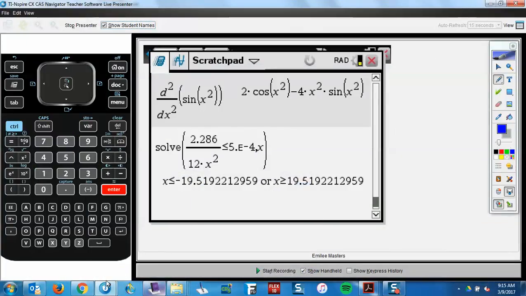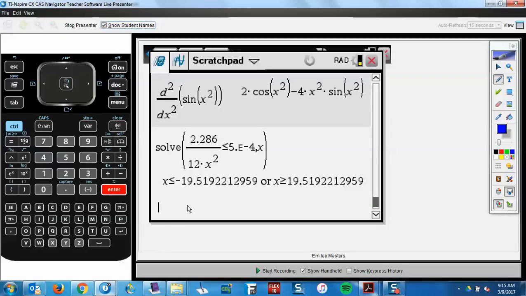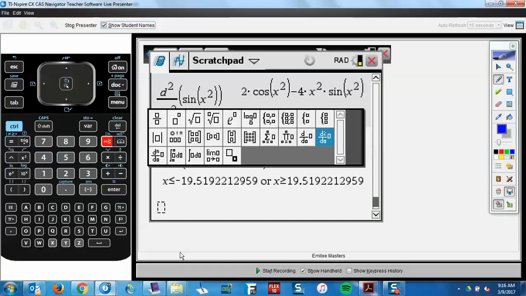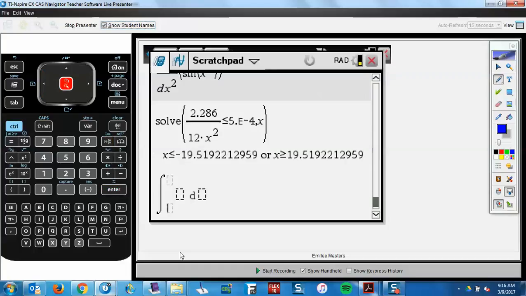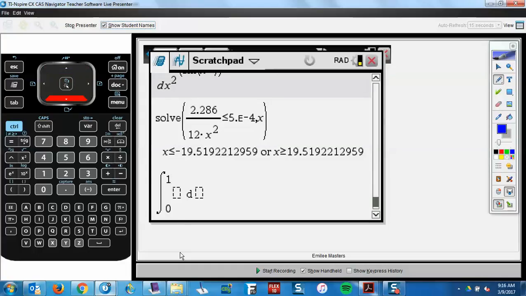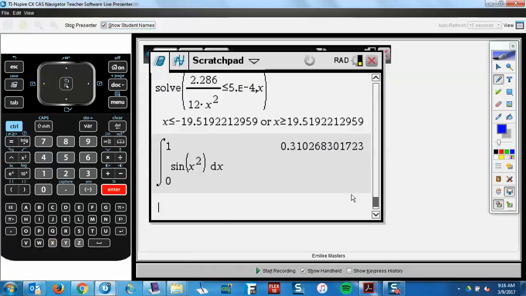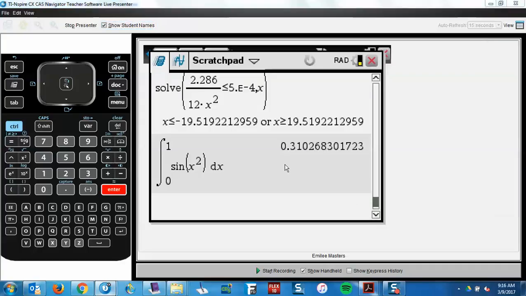Joe? Calculator, just choose infinity. Run it again with 20. Emily, just do the integral of sine x squared from 0 to 1. Which one do you want to know?